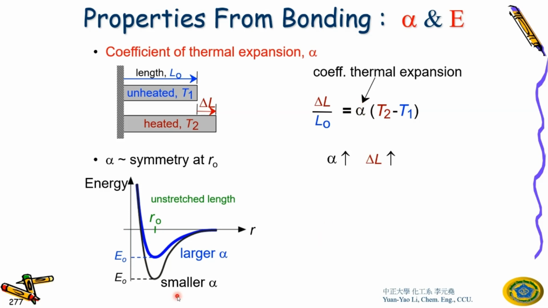If the bonding energy is high, that means what? It's difficult to pull it apart. So the thermal coefficient will be small, right? So alpha is large if E0 is small. This is another property, the thermal properties related to the bonding energy. Especially here, we are talking about secondary bonding energy.